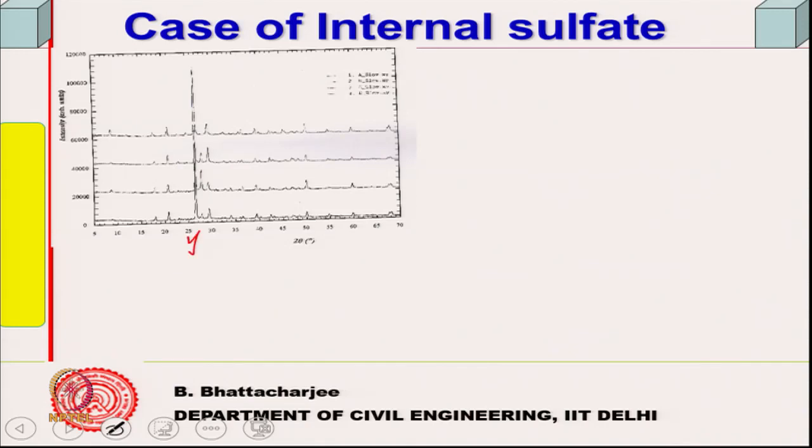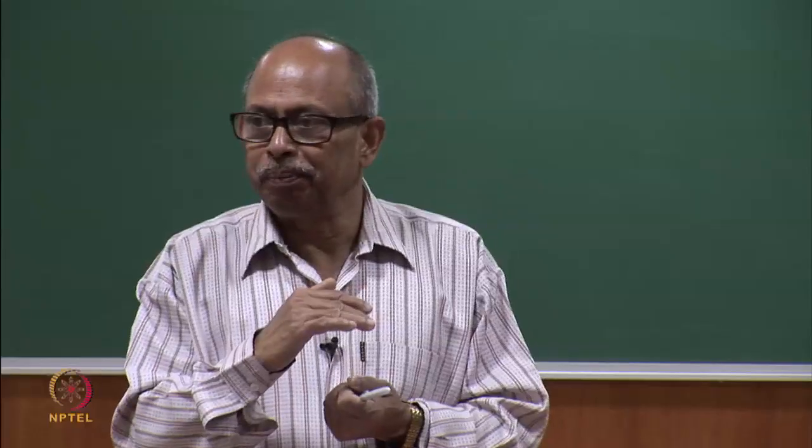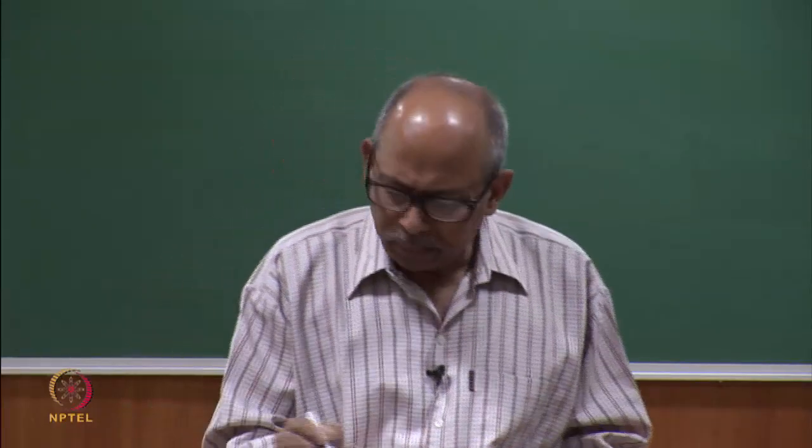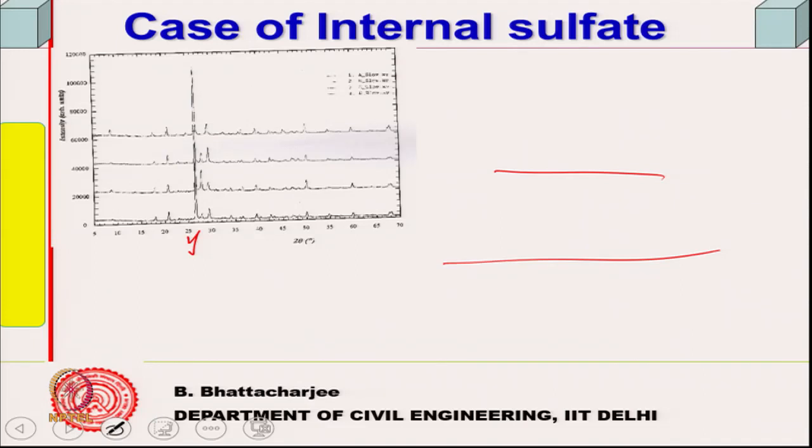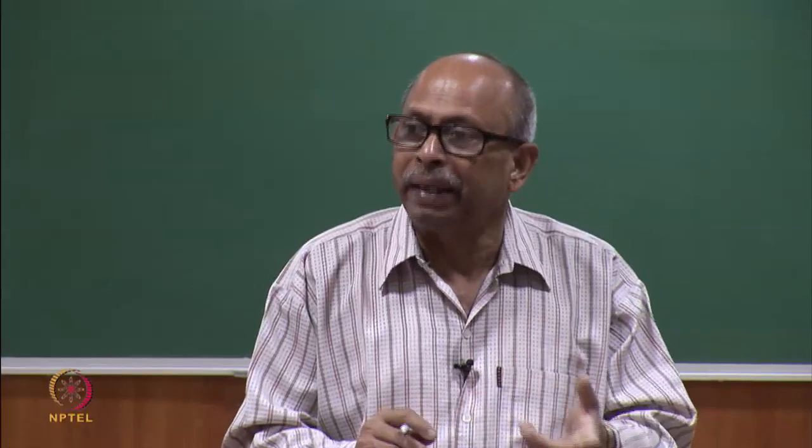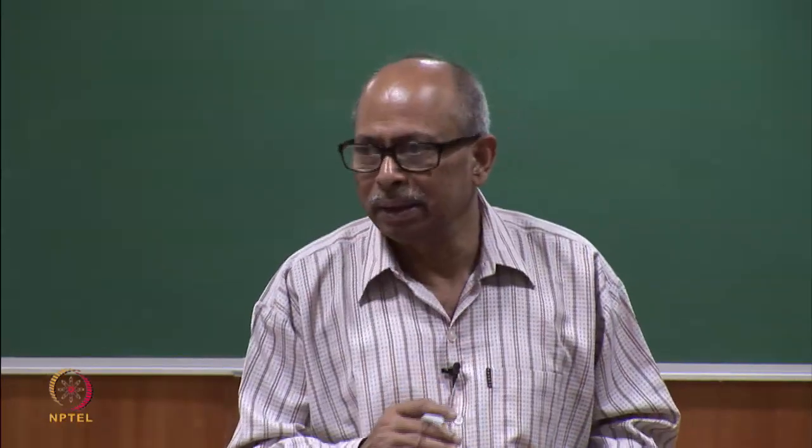In X-ray diffraction you find out the crystals, because I am not here to explain much of the X-ray diffraction, because the X-ray wavelength is such that it can get diffracted from crystal planes.